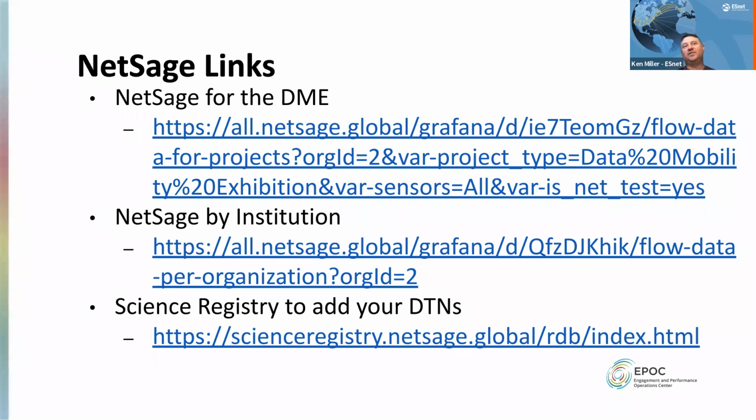And if you want to register your DTNs or your data architecture components, you can register them in the science registry. As you engage Epic related to any data transfers down the road, or if you are requesting some sort of science review on your architecture, we can help. These are just a few links related to that, looking at flow analysis and flow tools.